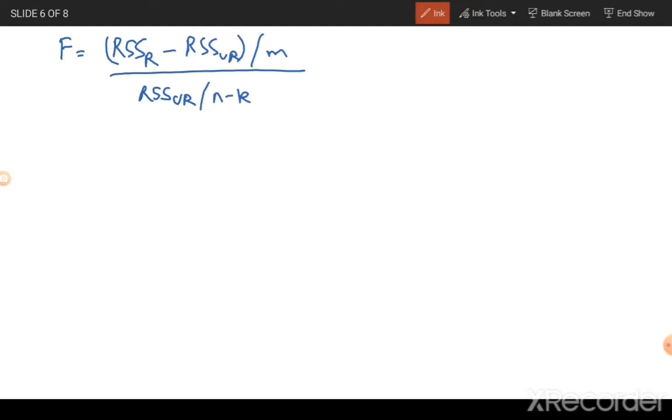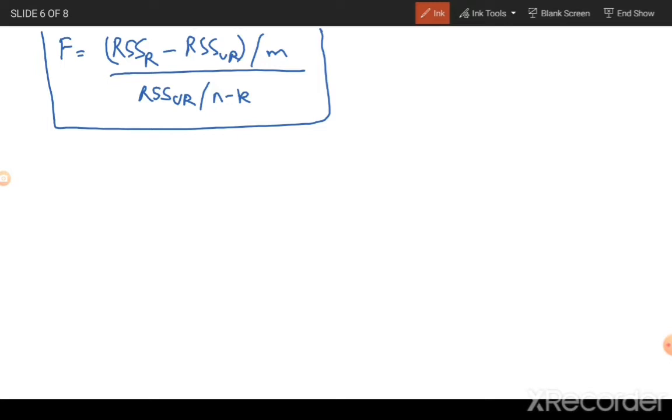So based on that, you can use this formula to calculate an F statistic, which is the residual sum of squares of the restricted model minus the residual sum of squares of the unrestricted model divided by m, where m is the number of linear restrictions imposed on the original model.